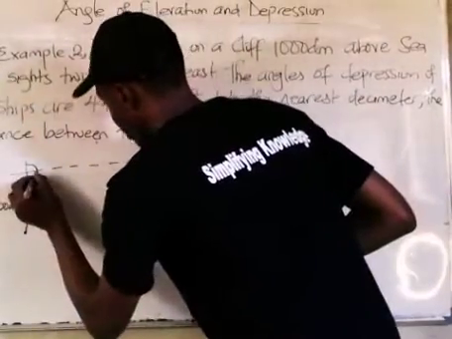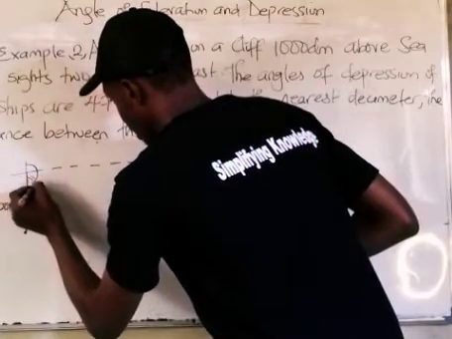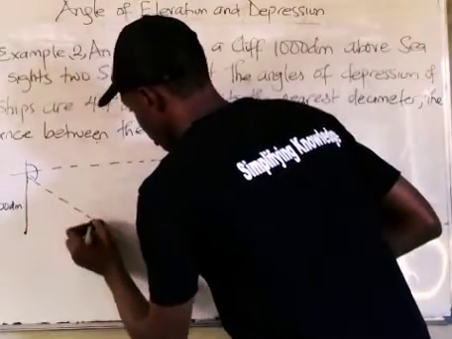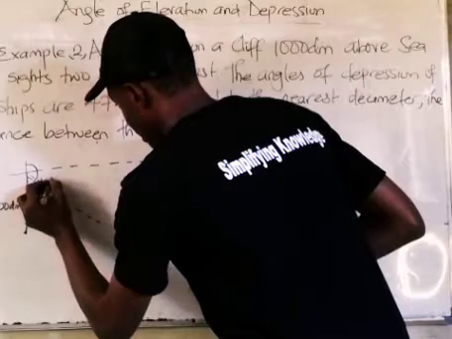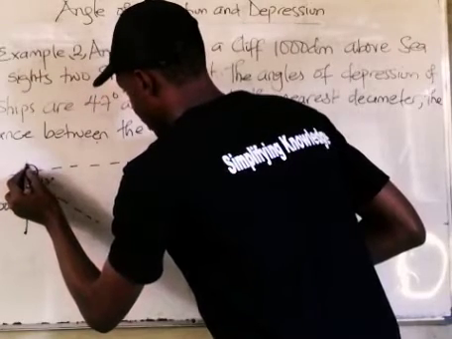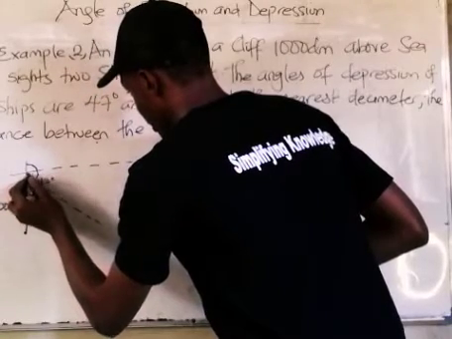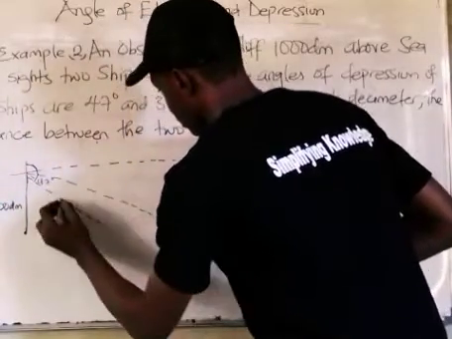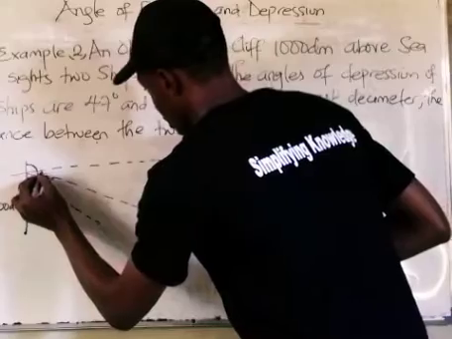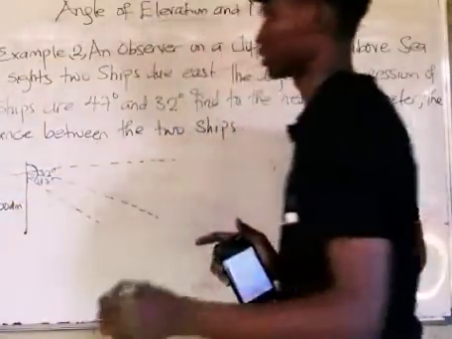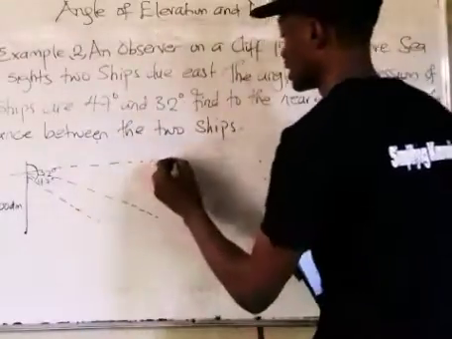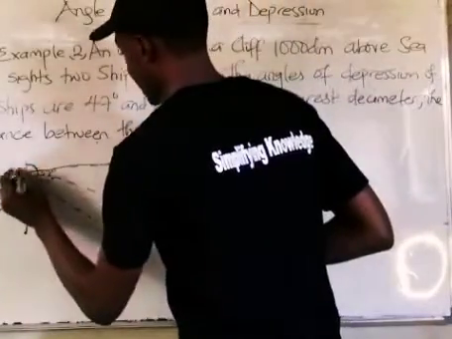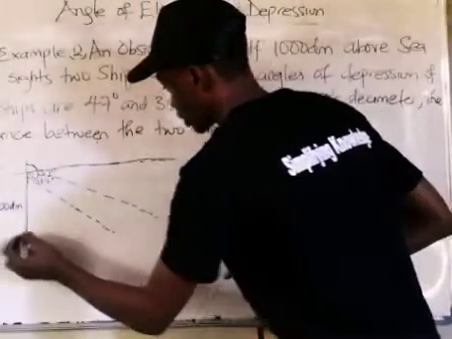Let me make the 47 go down a bit. So let's assume this is 47 degrees. And then again, from here, let's assume that this is 32 degrees. Don't mind my handwriting. This is the man's line of sight, and these are the two angles of depression.